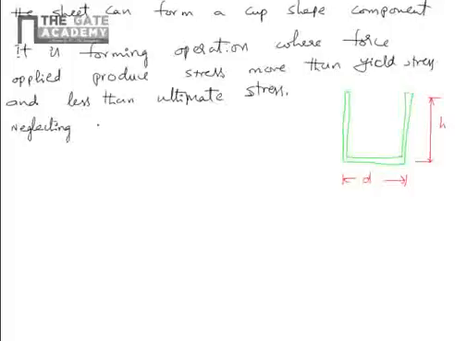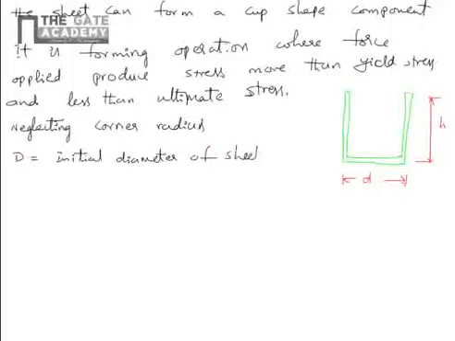D is the initial diameter of the sheet, small d is the diameter of the cup formed, h is the height of the cup.